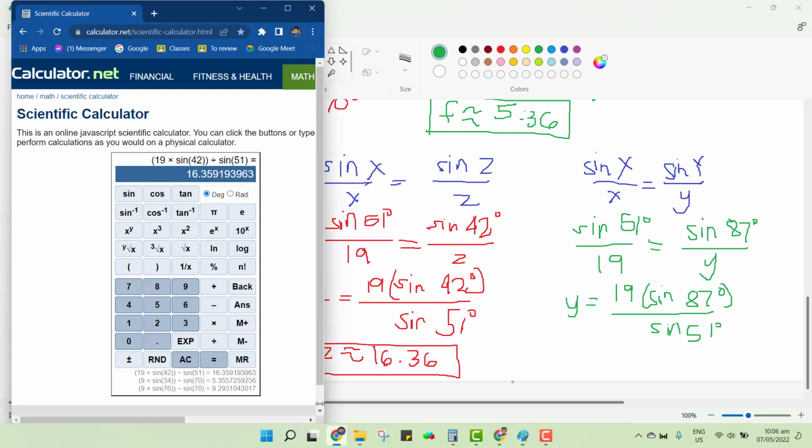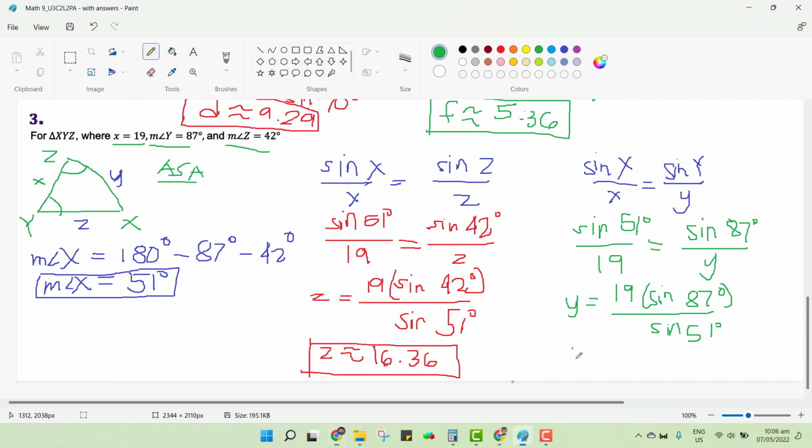Let's check it here: 19 times sine 87, divided by sine 51. We have 24.41. So y is approximately equal to 24.41 units. This is the answer for y.